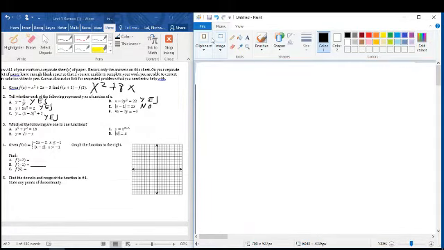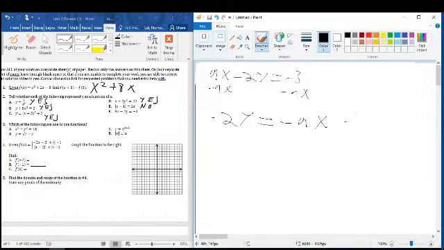The last one, we will have 9x minus 2y equals negative 3. Isolate the y, subtract 9x from each side. Negative 2y equals negative 9x minus 3. Divide each side by negative 2.